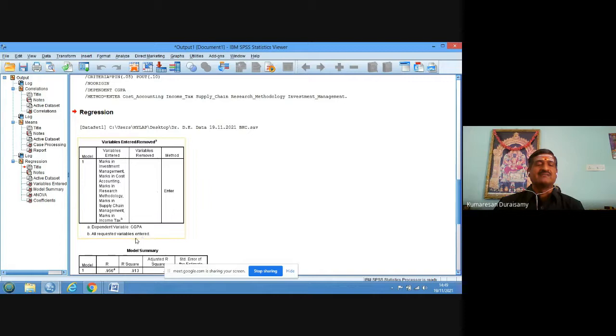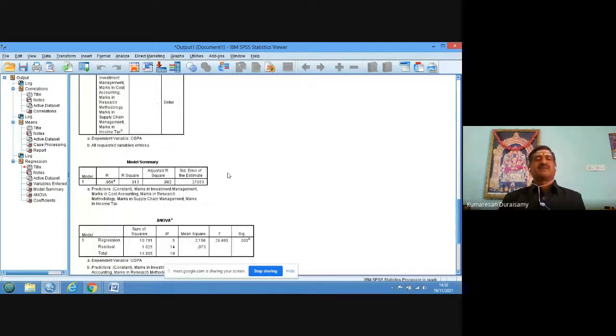All requested variables are entered. What is the dependent variable? CGPA is the dependent variable. The second table, model summary. In the model summary, only one model has been arrived.